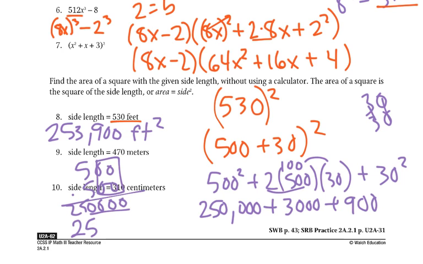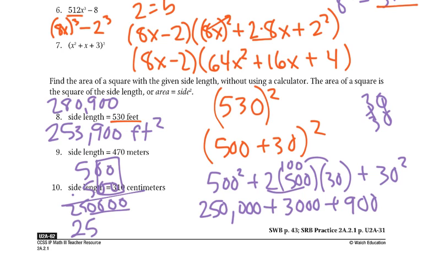I think I made a mistake though, didn't I? I apparently forgot to put something in, because I was just double checking on my calculator. Apparently I've missed out on something, because if you go 530 squared, you should end up with 280,900.